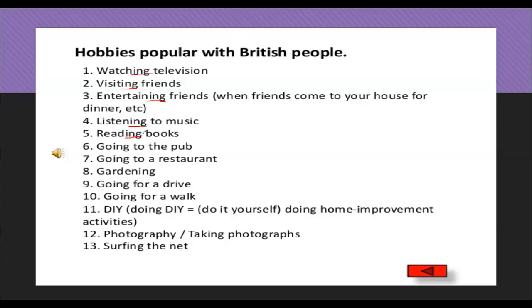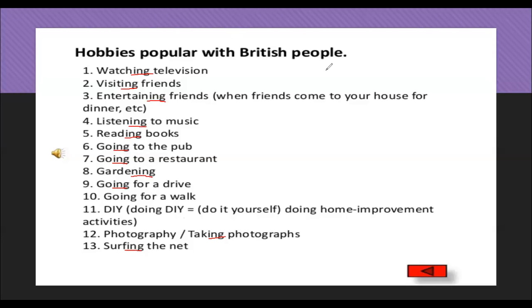Listening, reading, going to the pub, going to a restaurant, gardening, going, which is the same verb, going for a drive, taking photographs, surfing the net. So this is something very important that you have to remember.